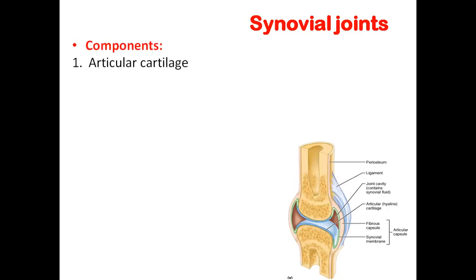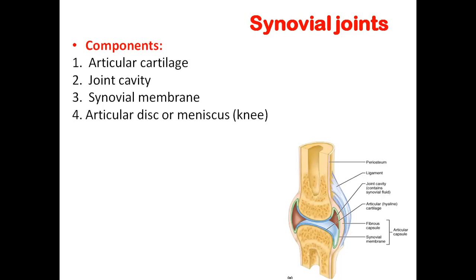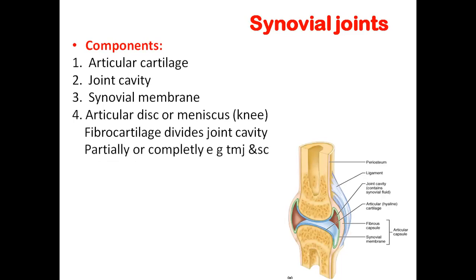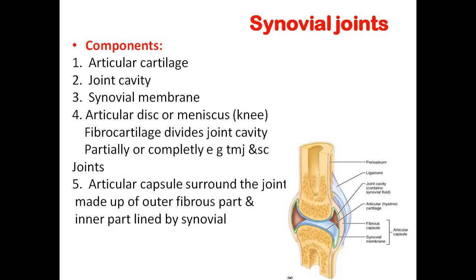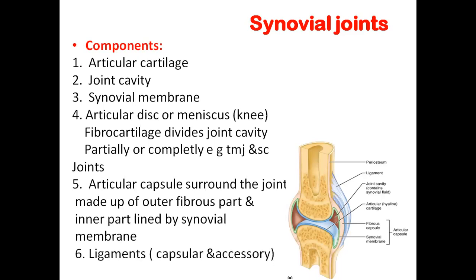So, what are the various components of the synovial joint? We will start from here. That is one bone. This is another bone, and these are the articular ends of the bones.